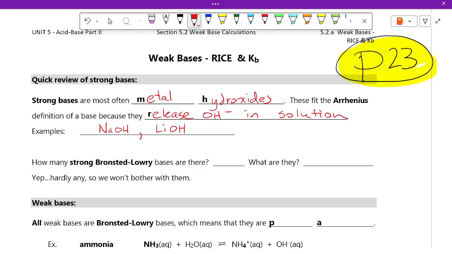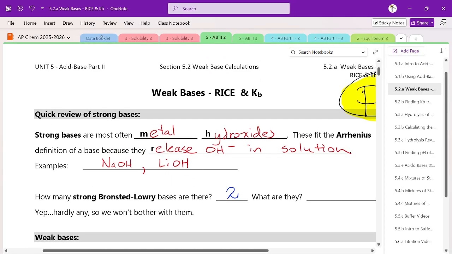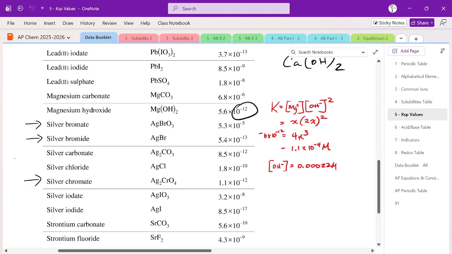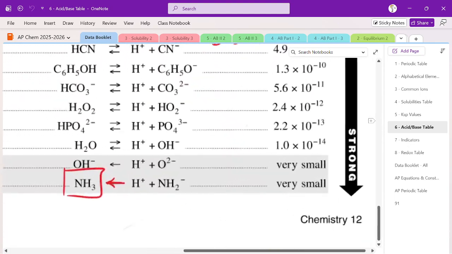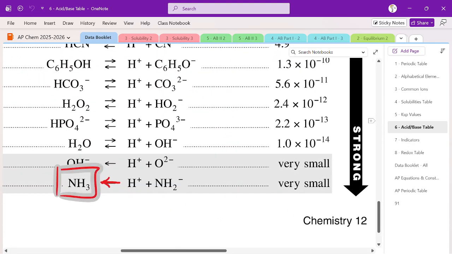How many strong Bronsted-Lowry bases are there? 2. Oh, which ones are they? Yeah, we got our O2 minus and NH2 minus.